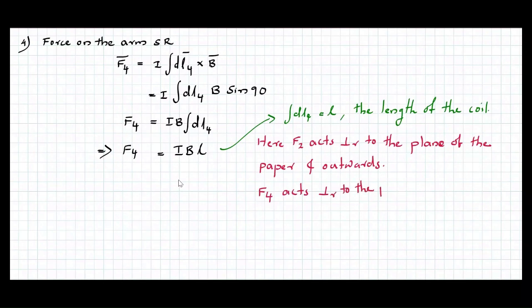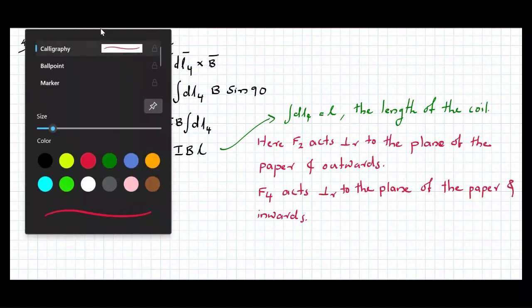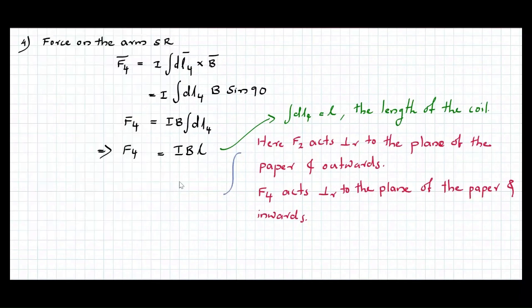Just look at the direction of the current and the direction of the magnetic field, and we can find out the direction of the force. F2 is directed outwards, and F4 is pointing inwards to the paper.